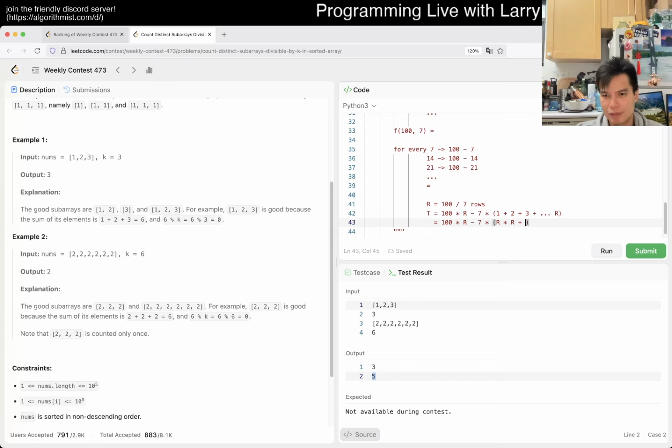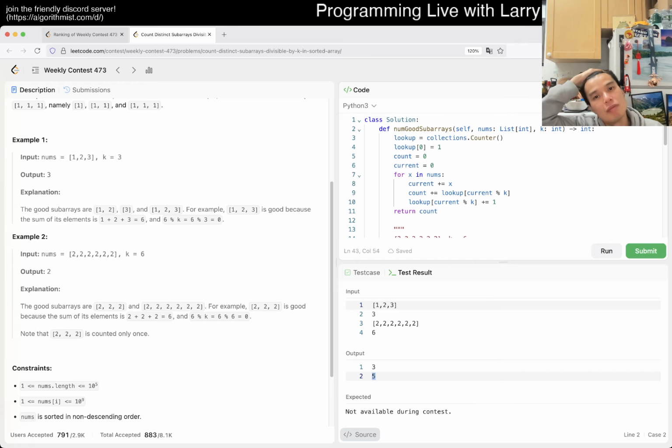Too lazy to get the parentheses right, but you get the idea. Is that right? All right, let's try it. I mean, what else am I doing?